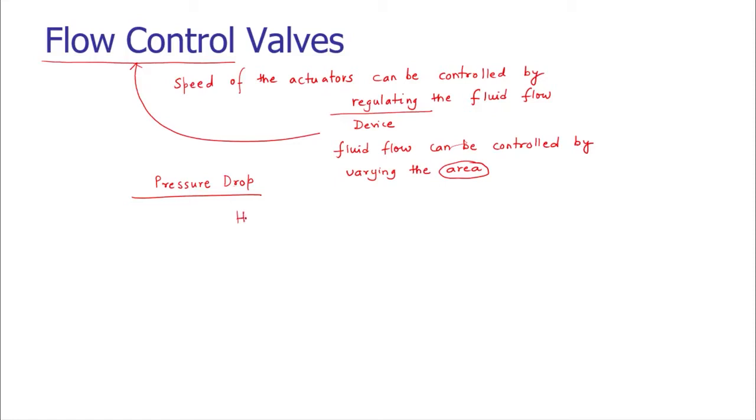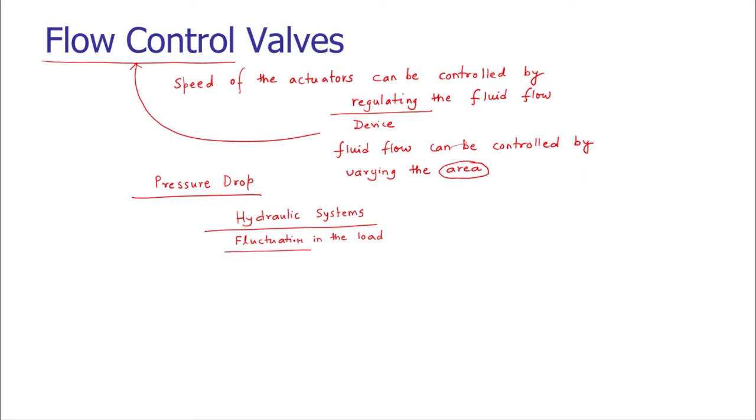In typical hydraulic circuits, there is a pressure fluctuation at the load. At the application, we have fluctuation in the load. So the load is varying.